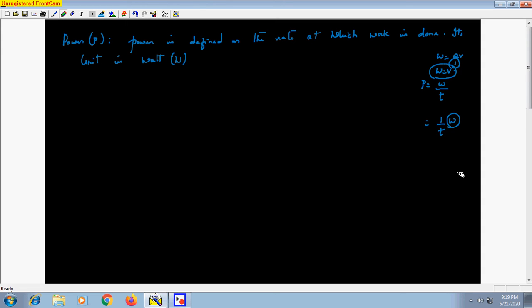So I is equal to Q by T. So you know I is equal to Q by T. So if you substitute these things there, you will get the same formula as W by T only. So I is equal to Q by T. W is equal to QV. So if you substitute those things here, you will get the formula as P is equal to V into I.